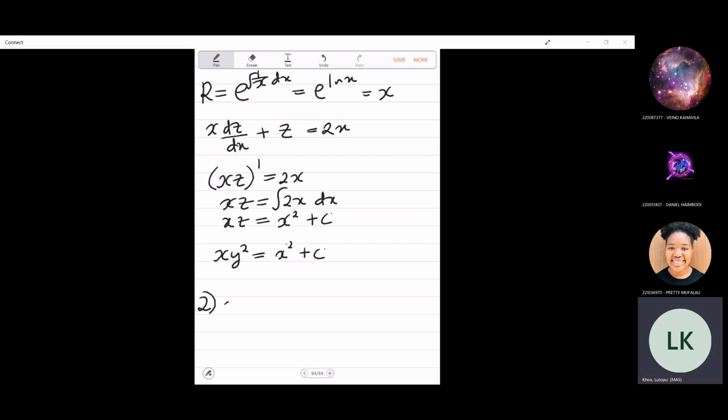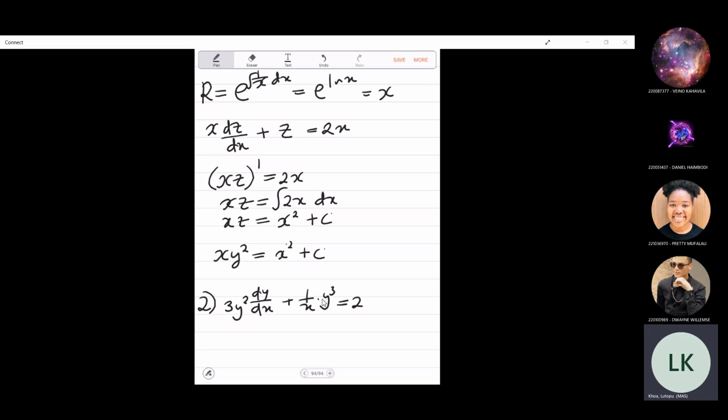Okay, we have 3y squared dy/dx plus 1 over x times y cubed is equal to 2. So again, what you're looking for is this function here in terms of y and the derivative of y.